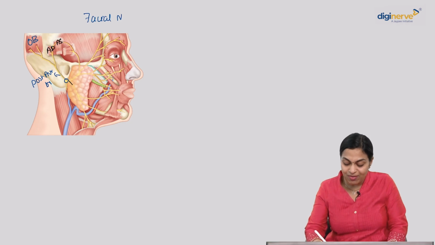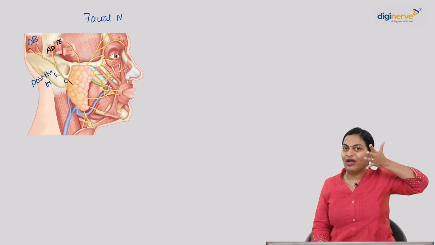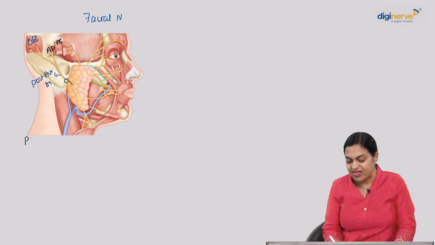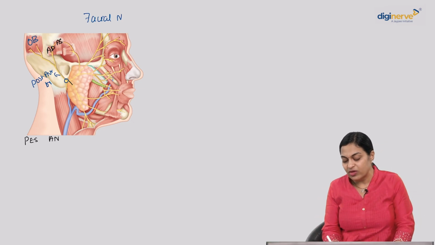Then it enters the parotid gland where it divides into 5 main branches. This pattern of radiating branches is called pes anserinus. It looks like a goose foot, right?